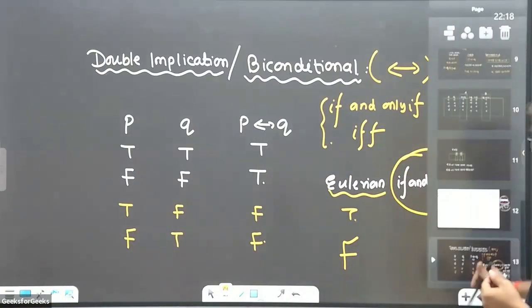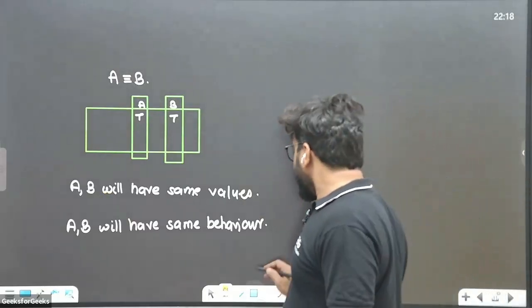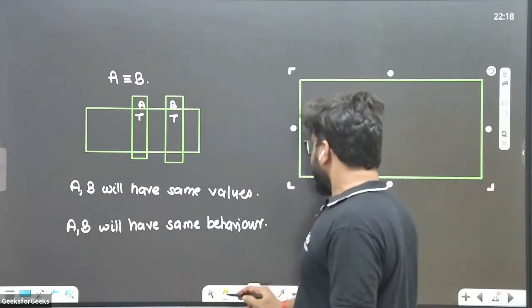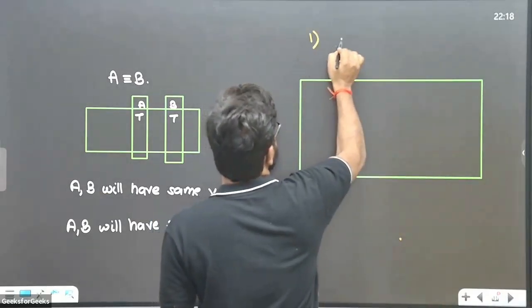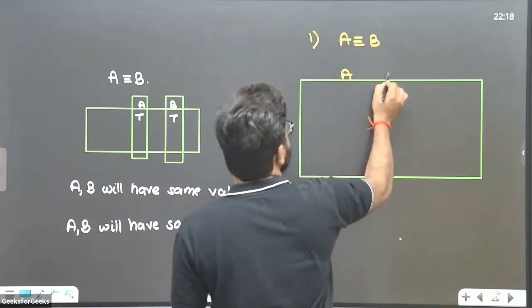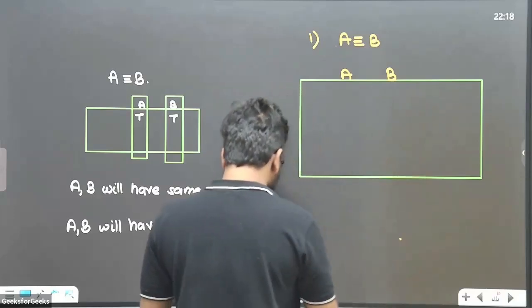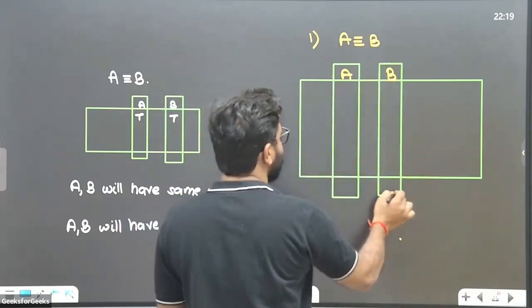Okay. Now, one more thing you have to understand. Suppose A is logically equivalent to B. That means both will have the same behavior.